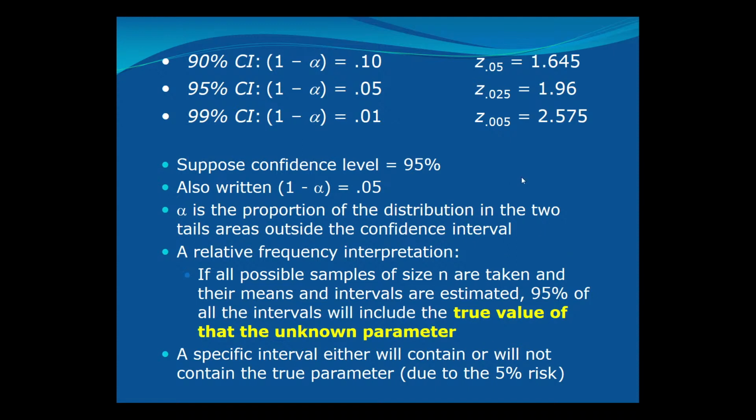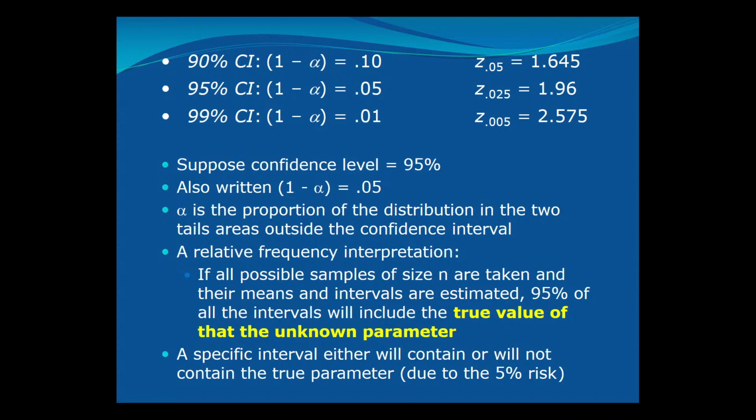There are three different levels of confidence interval: 90% confidence interval, 95% confidence interval, and 99% confidence interval. So suppose the confidence level equals 95%. Also, we can write 1 minus alpha equals 0.05.